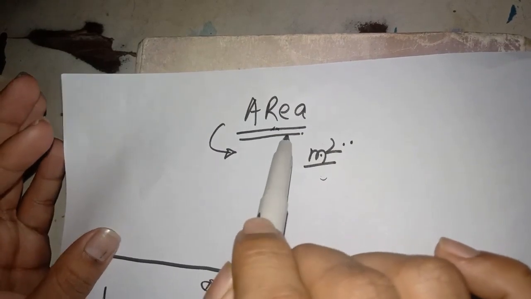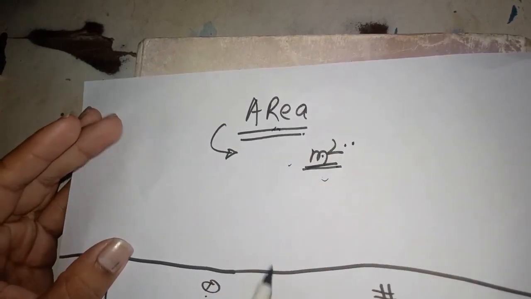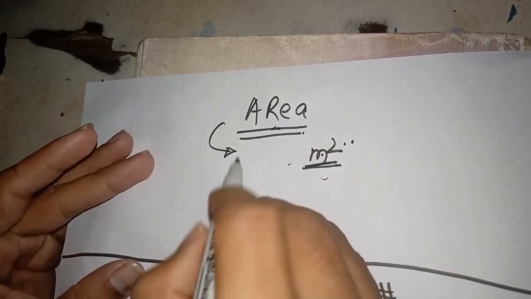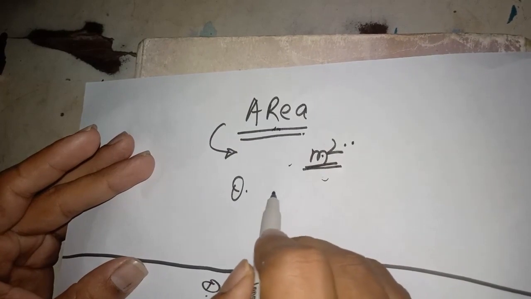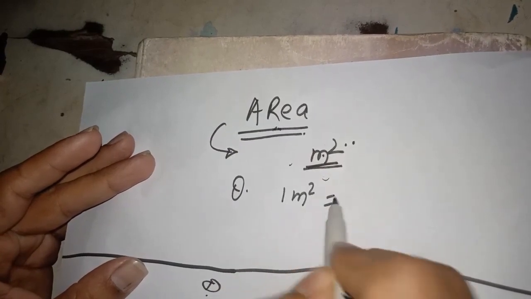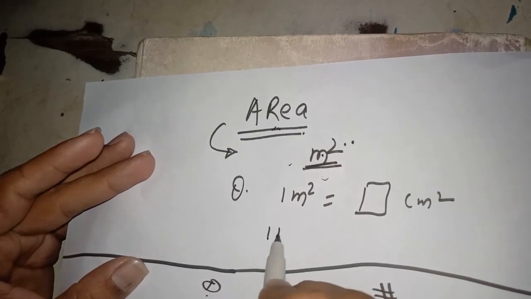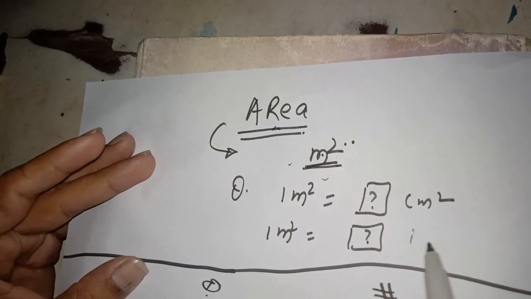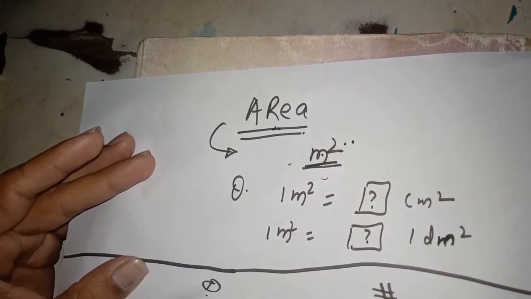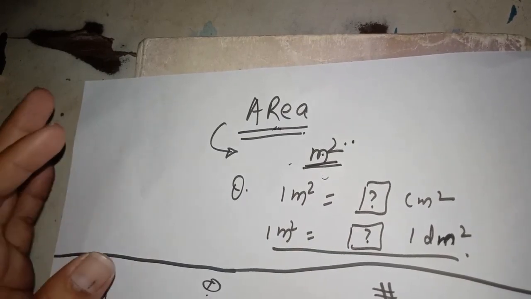That's why area is in square meter, and volume is in cubic meter. So you can convert it. I give you some problems. You can convert it by yourself.